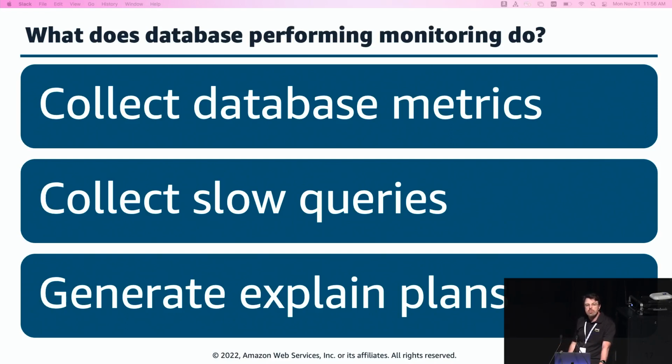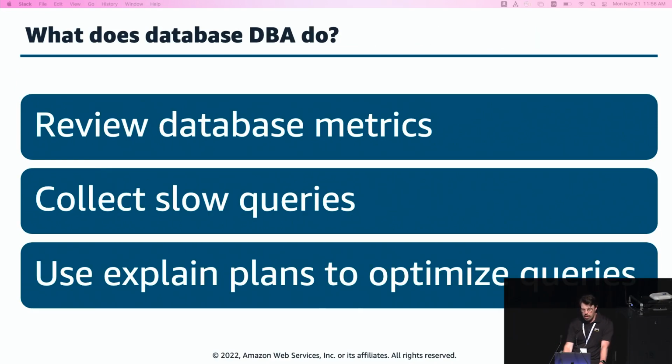And that is one of the reasons why this MySQL monitor user needs to have a global select. Database administrators usually use this monitoring system to review the database metrics, to collect slow queries, and they run explain plans to understand why a query is slow and try to optimize it.